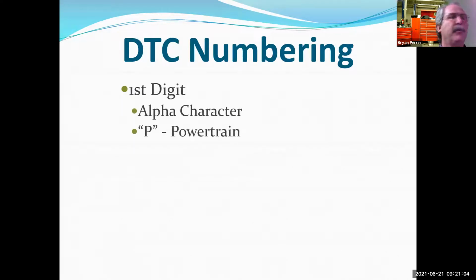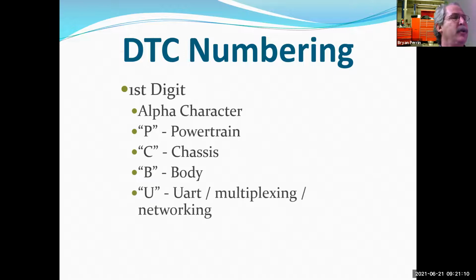I'm going to have a P for powertrain, a C for chassis, a B for body, and a U for UART, because obviously engineers got a hold of this. If it was auto guys, it'd be an N for networking. But they used a networking term, UART, for these, so a U code. But U is our networking code.